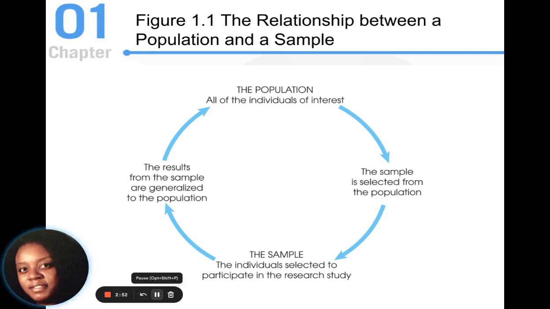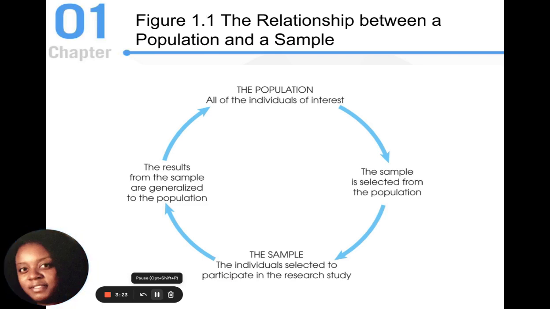Here's a little chart that can also help you understand the relationship between a population and a sample. That population is going to be all the individuals that we're trying to study. The sample is selected from the population, and the sample is going to include the individuals selected to participate in the research study. And the results from the sample, we then can generalize to the population because we always want to have a good representative sample.